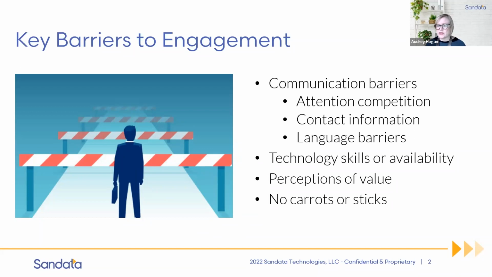Last, language barriers. Commonly, people think of foreign language, but it may be we're speaking a different language when we look at our use of jargon, our use of acronyms, our use of language that is not at the grade level or understanding level of the people that we're trying to communicate to.